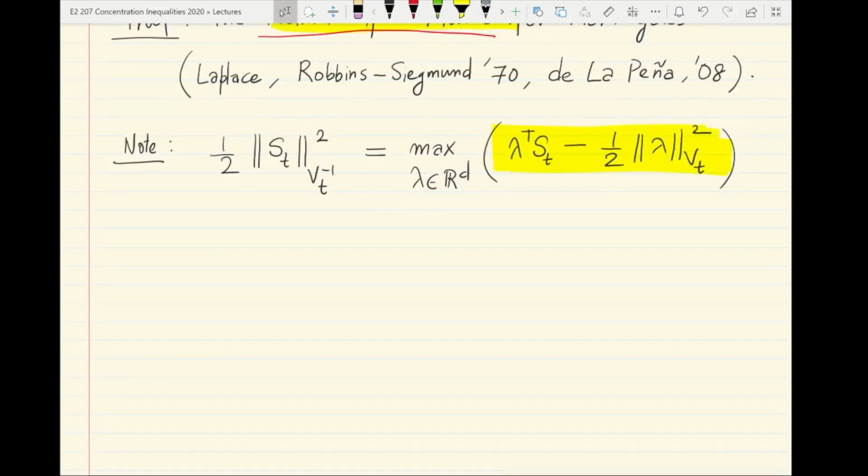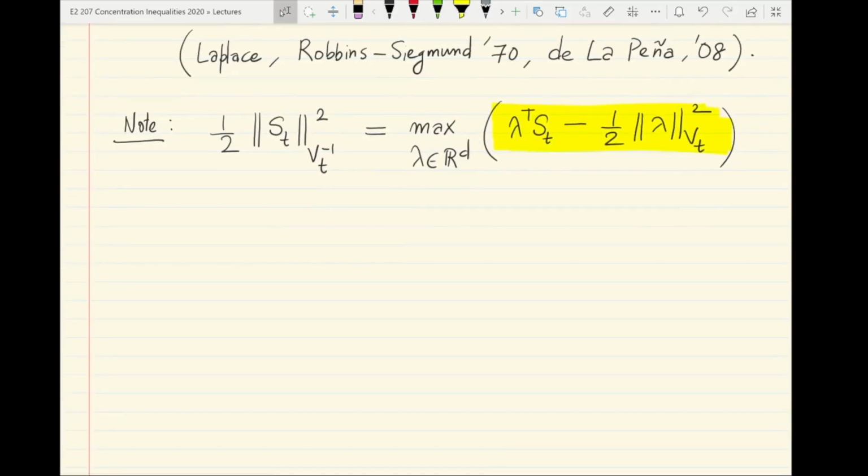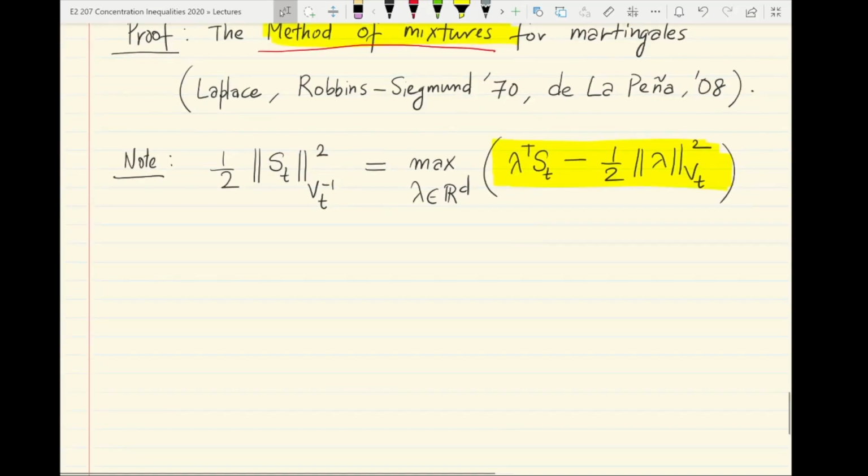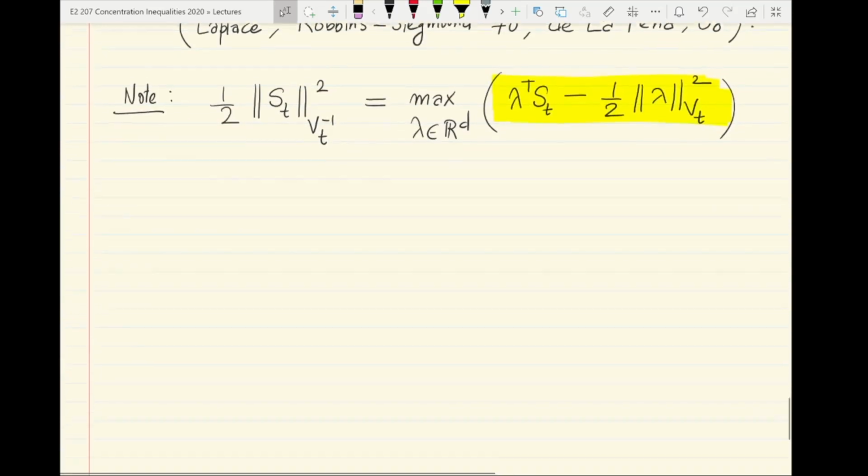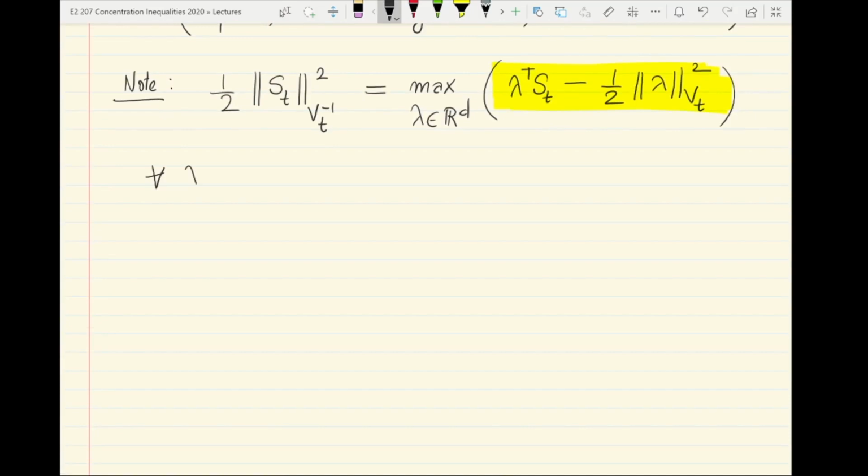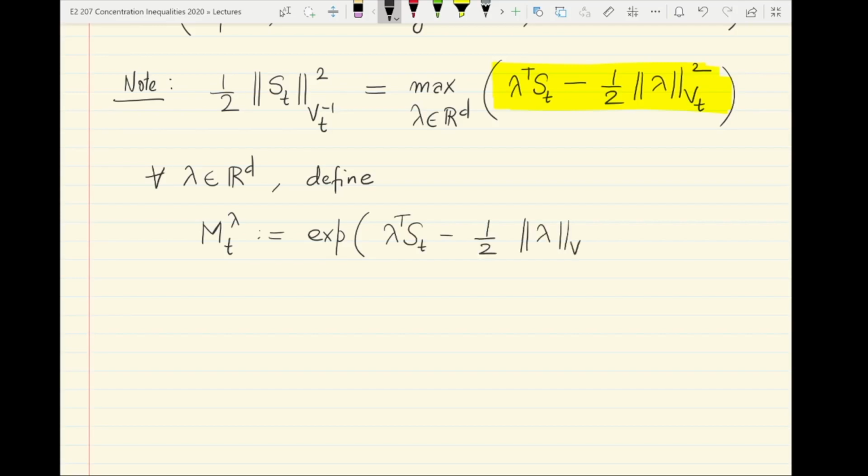This is what brings us to the Laplace method or the method of mixtures. To this end, for every vector lambda, let's define the following quantity. Define M_t(lambda). This is a random variable, which is e raised to lambda transpose ST minus half the VT norm square of lambda.